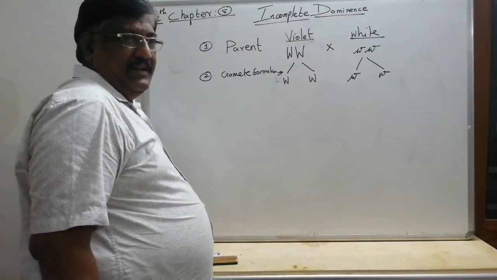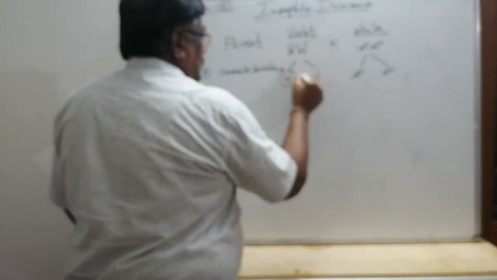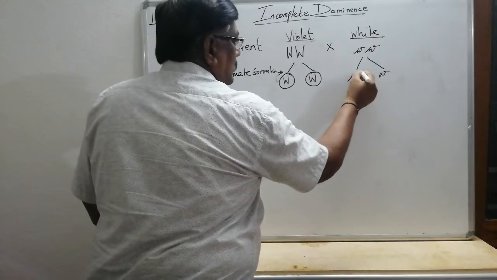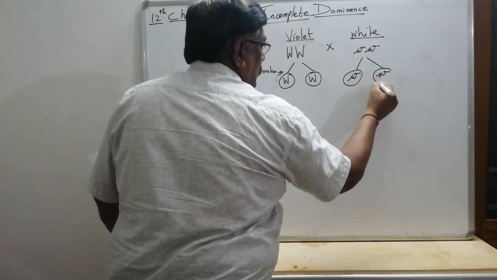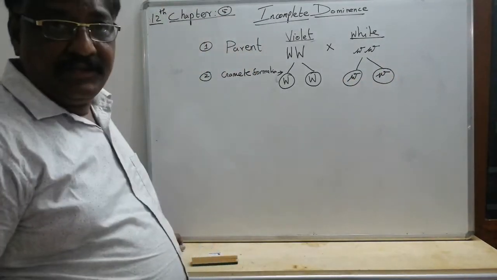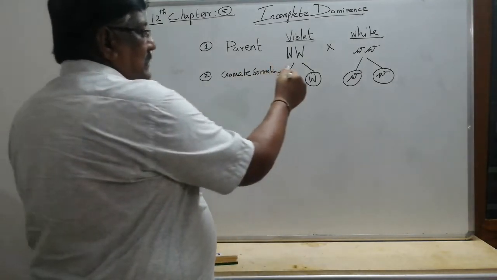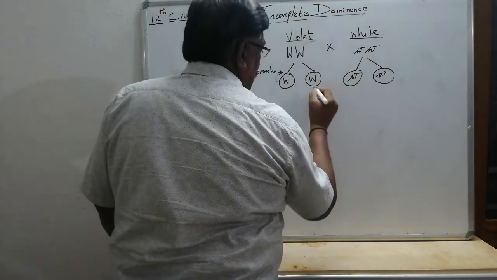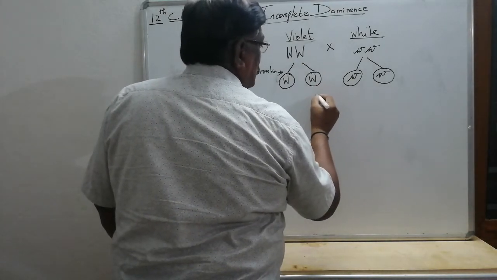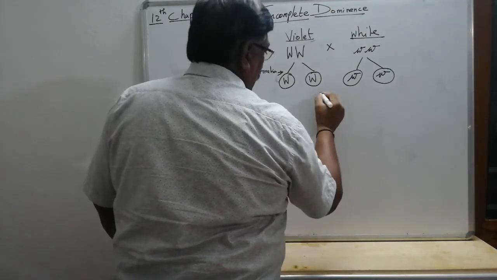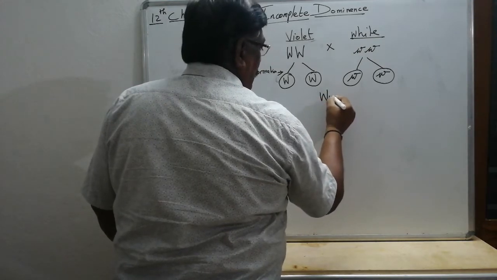Do you remember? Yes, gametes should be circled. So there are 4 gametes. I showed you the Punnett square and Mendel. I mean, this was by the cross in the F1 generation. All will be like this.